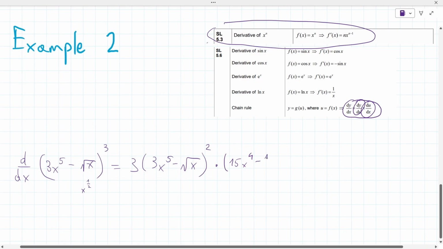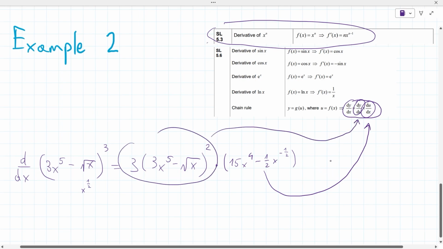So I have minus a half x to the power of a half minus 1, which is negative a half here. Yeah, and these brackets are here, the second bit of the chain rule, the derivative of the inner function, while this was the derivative of the outer function.